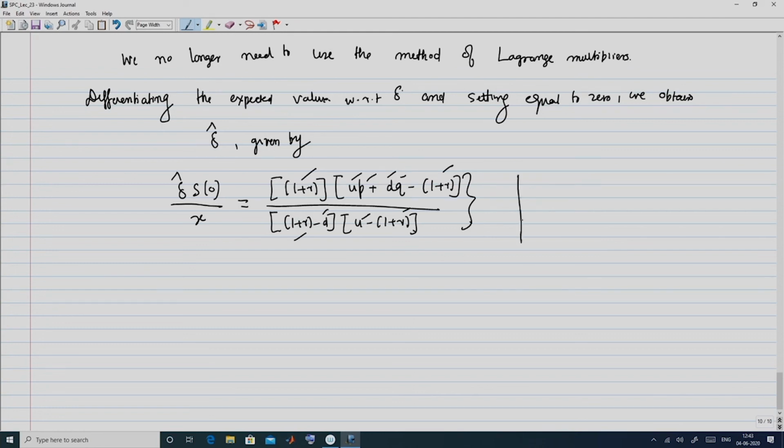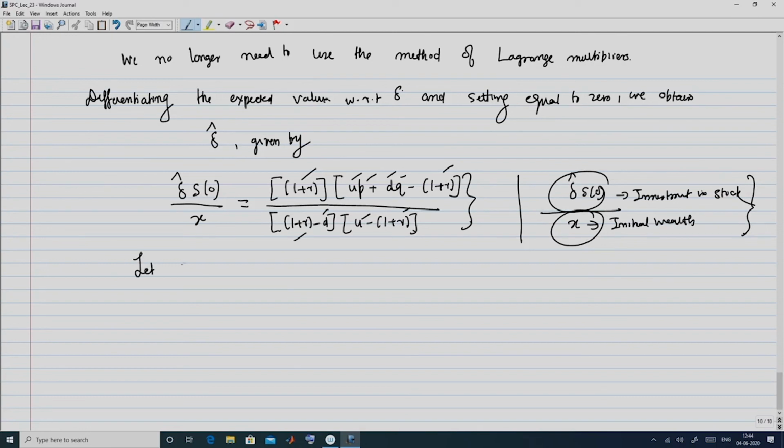Now, also observe carefully that if delta hat is the optimal value of delta, then delta hat S naught is the investment in stock, and x is the initial wealth. So, this fraction is just the weight of the investment in the stock.